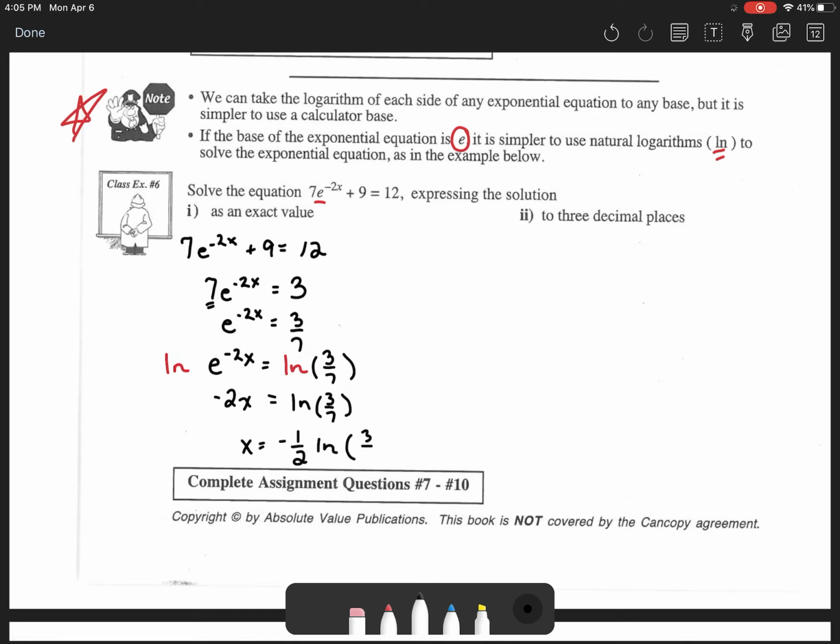So now x equals negative 1/2 natural log of 3 over 7, and there is your answer as an exact value. To 3 decimal places, I input that into my calculator: the natural log of 3 over 7 first, then multiply by negative 1/2, and that will give you 0.424. And we're done.